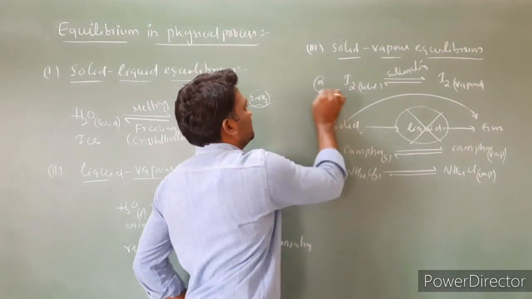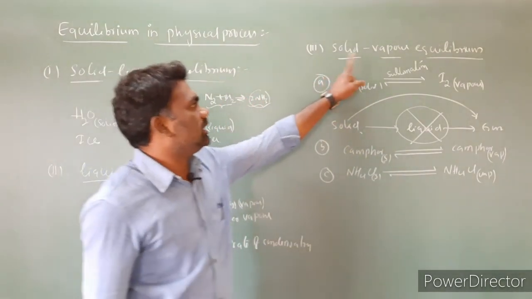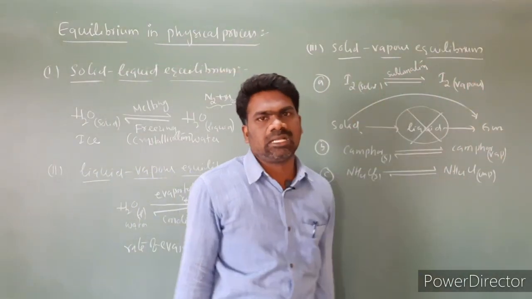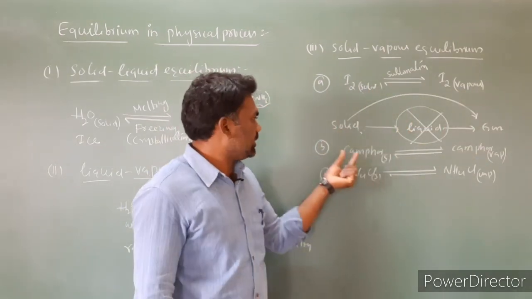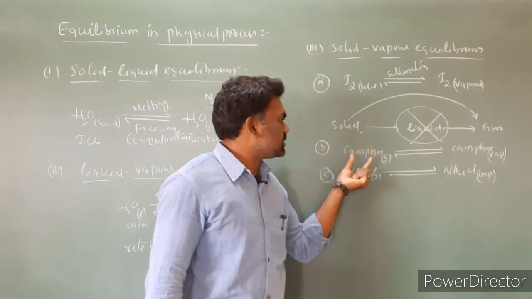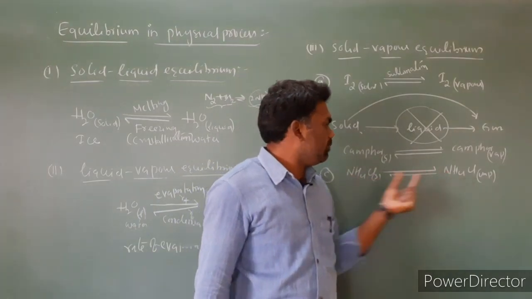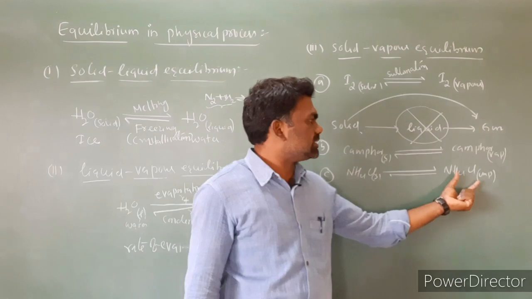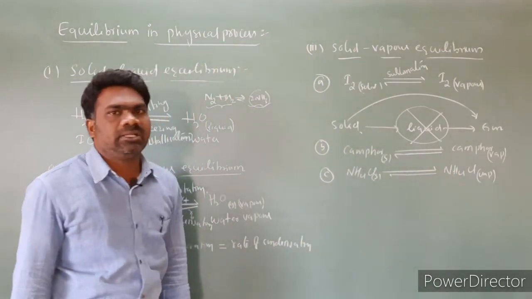So this is example A, example B, and example C for solid vapor equilibrium. Example 1 is iodine solid converting into iodine vapors. Example 2, camphor solid and camphor vapors exist in equilibrium. And ammonium chloride solid and ammonium chloride vapors exist in equilibrium. So these are the examples of solid vapor equilibrium.